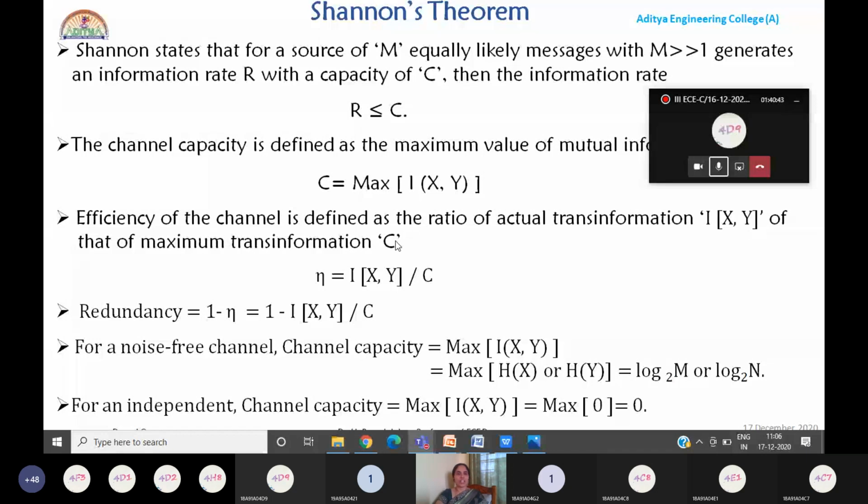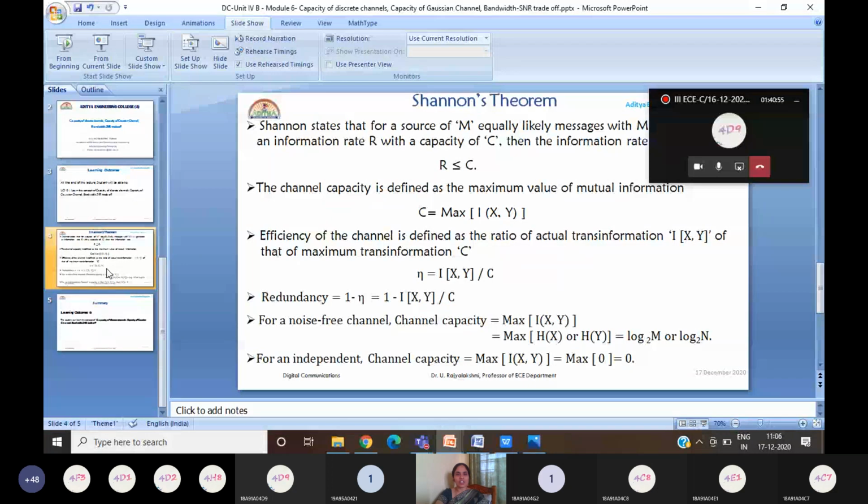The maximum that you can transfer is the channel capacity, because no matter how much information you possess, the capacity of the channel should be satisfied. Only then can our information be transmitted. Until the channel has the capacity to tolerate the number of bits transmitted per second, we cannot allow a lot of information.